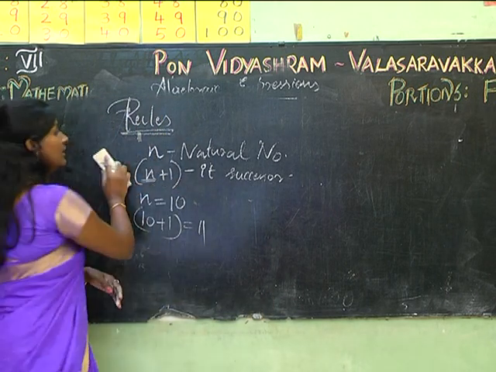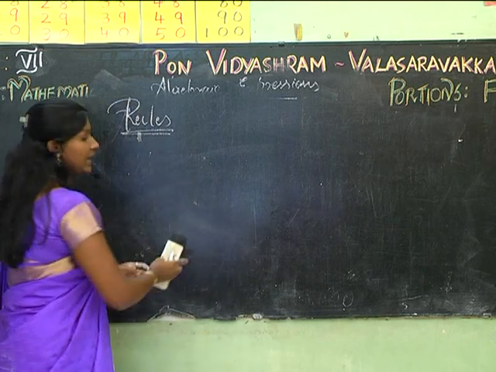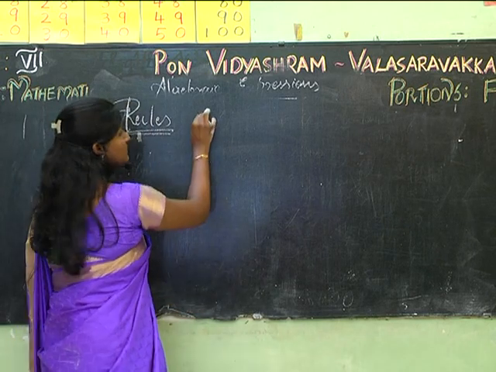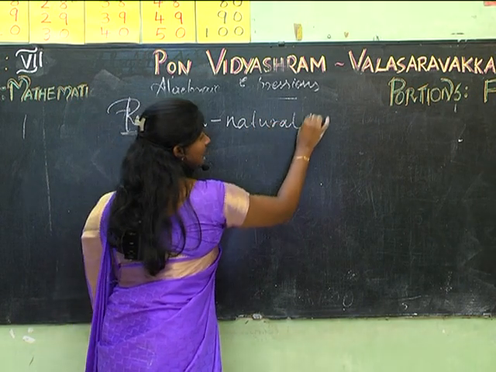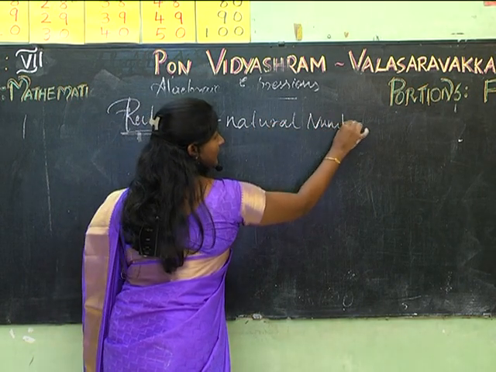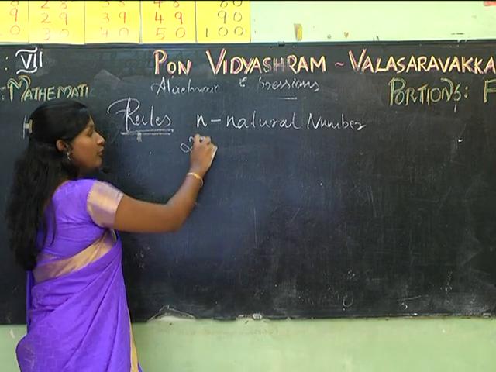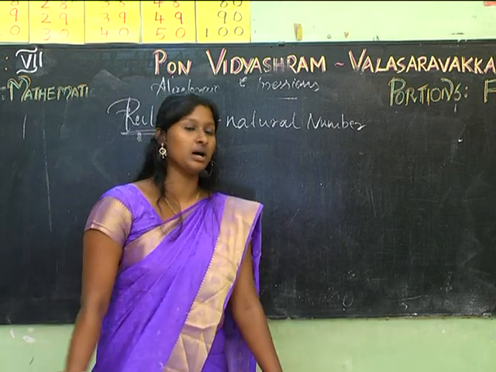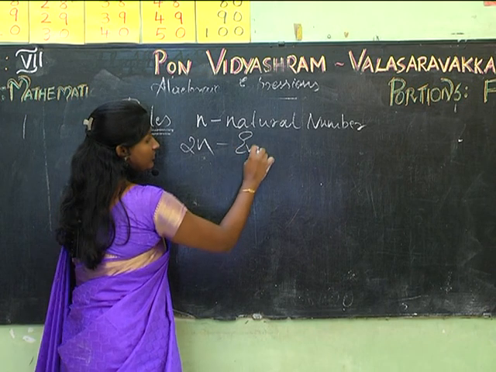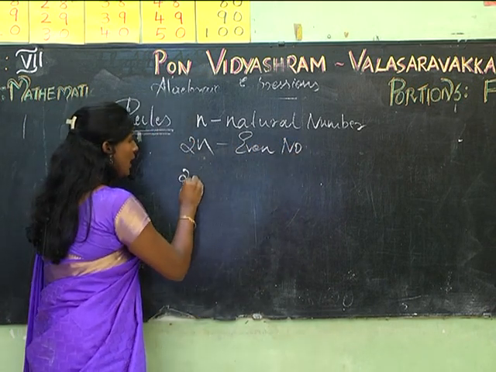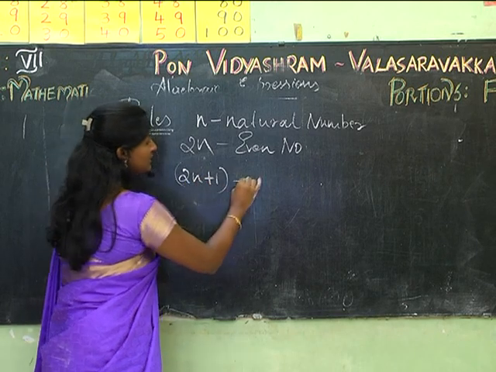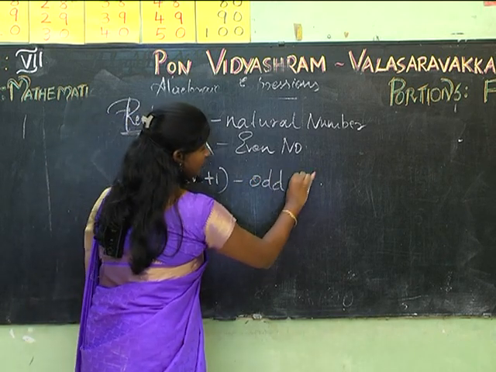The next rule is an important rule. In a similar way, I am going to consider n as my natural number, and 2n will fetch me an even number. In a similar way, 2n plus 1 will fetch me an odd number.